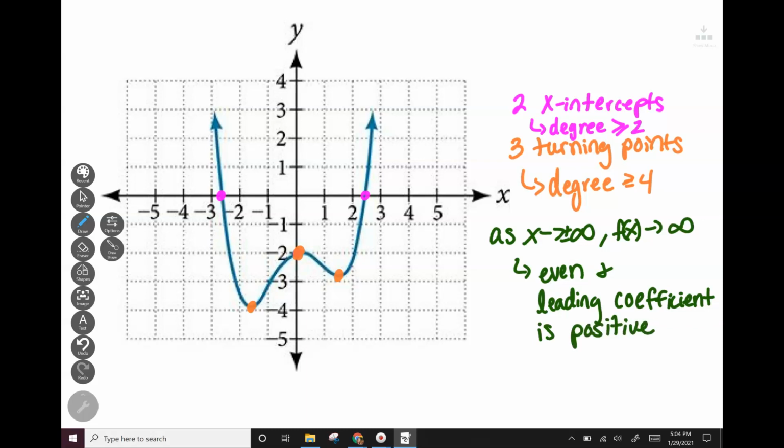Because if the leading coefficient were negative, both sides would be going towards negative infinity, like that. So those are just some things that we can tell based on things that we've learned yesterday and today about this graph.